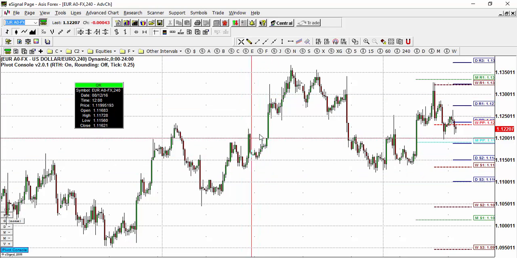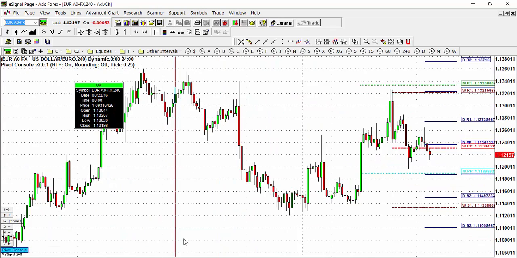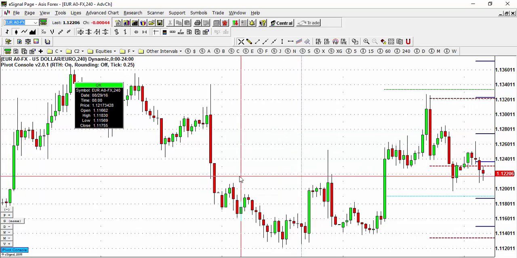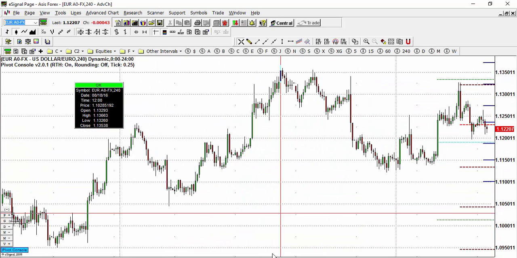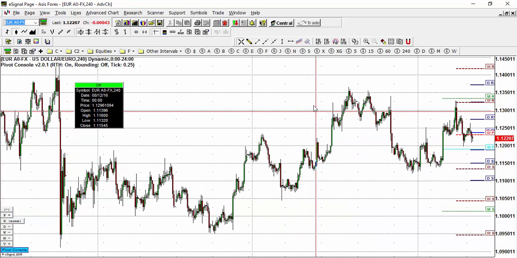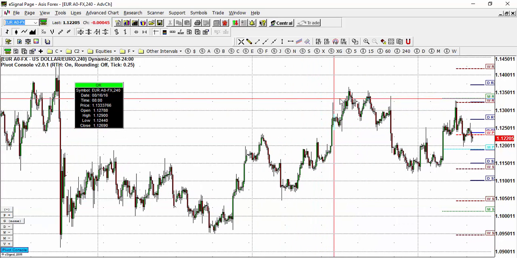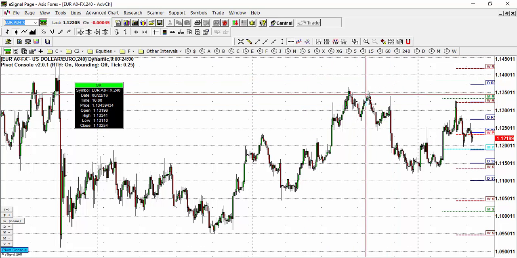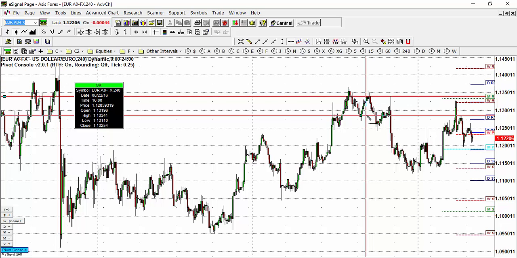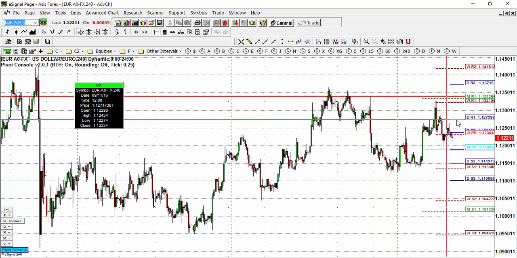I said if we do get a sell signal, that should be paid attention to, because there was also an area of resistance. There were some previous highs around this level. This high was at 113.40. So I said this is definitely something that you could look at if we do get a sell signal.